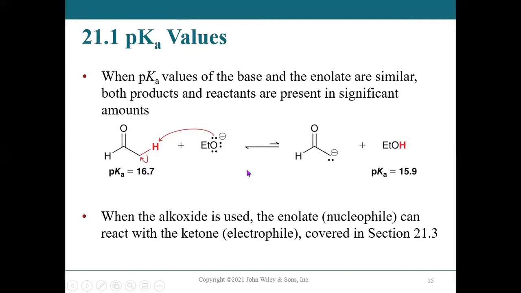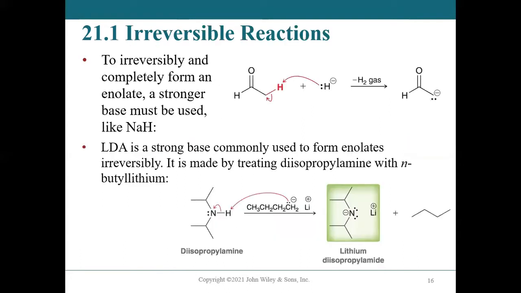So even though the equilibrium still favors the weaker acid, the left side, the enolate can exist in significant amount. So when an alkoxide is used, the enolate nucleophile can react with the ketone electrophile, and we'll see that in section 3 of this chapter.